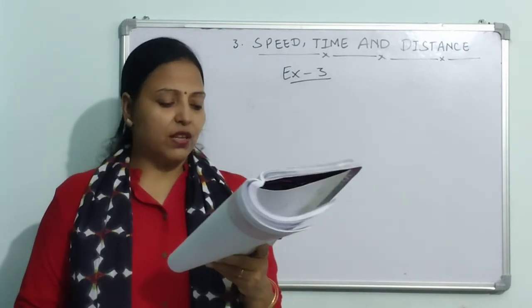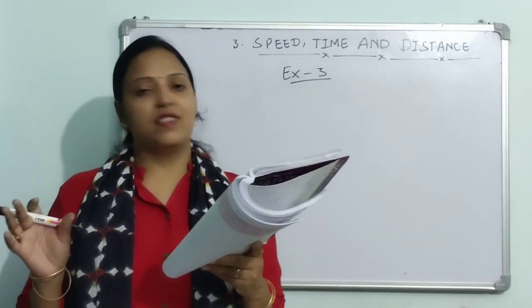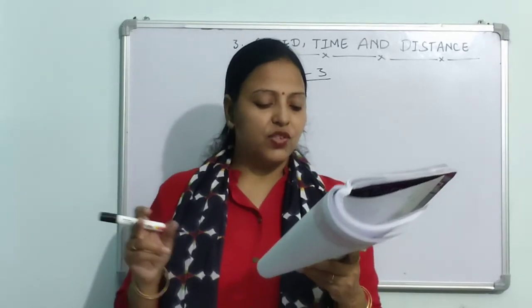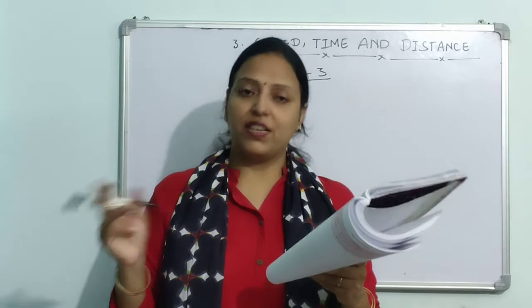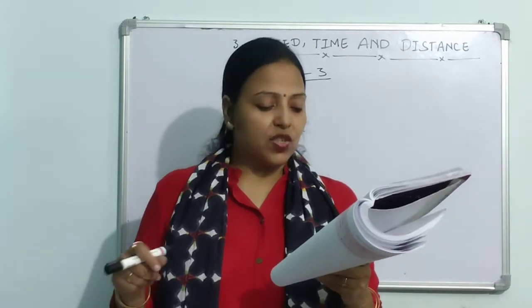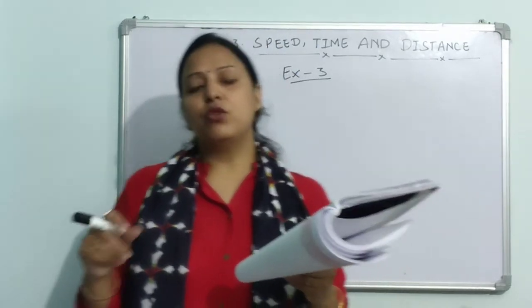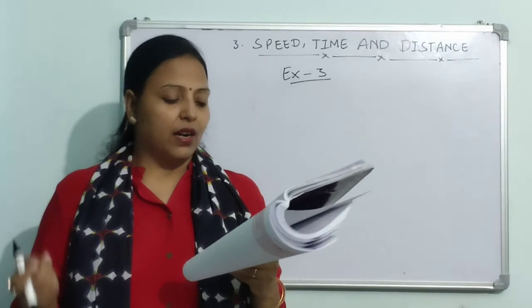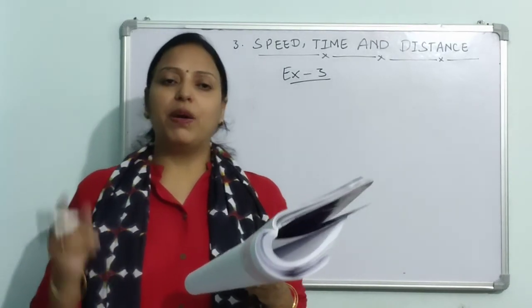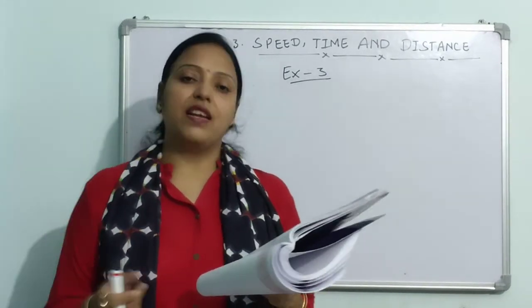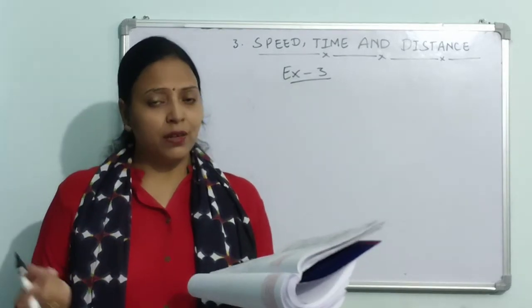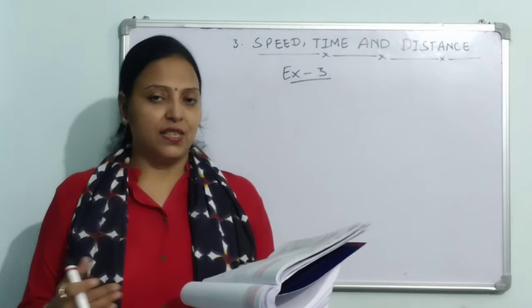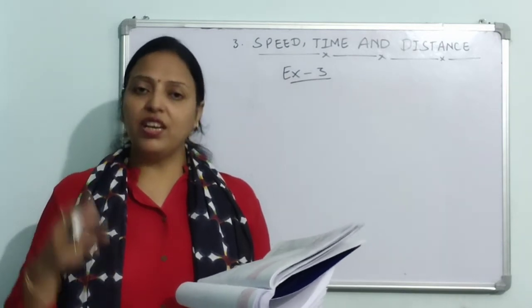So here what is given? 120 kilometers is the distance, and the car is traveling with a certain speed and it covers the same distance in 2 hours 30 minutes. And the next time, how much its speed should be increased so that it covers the same distance but in 30 minutes less time. 30 minutes less time means first time it is taking 2 hours 30 minutes, next time 30 minutes less, means only 2 hours.